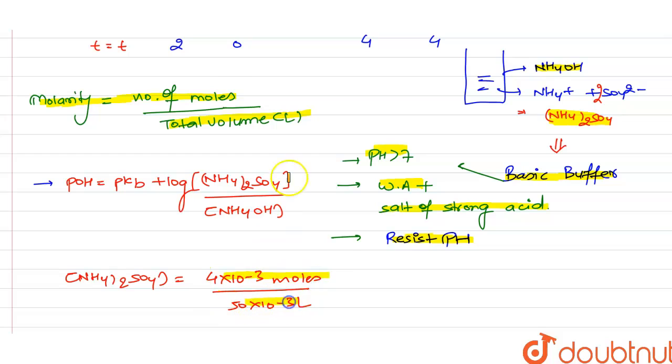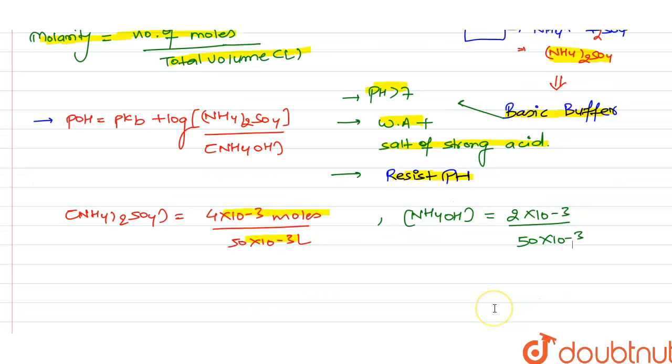This is the concentration of the salt. For the base, we have 2 millimoles, that is 2 multiplied by 10 to the power minus 3 moles, upon 50 as the total volume. This will be its concentration.